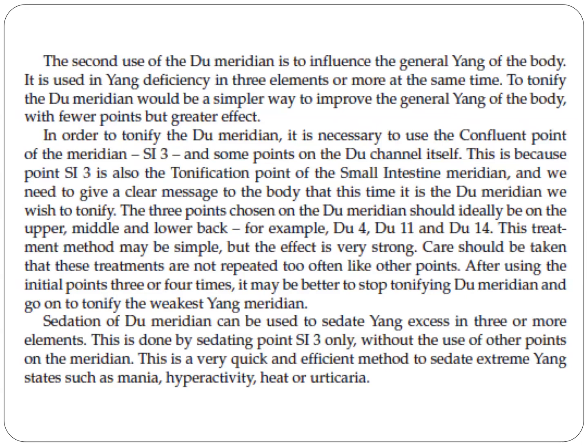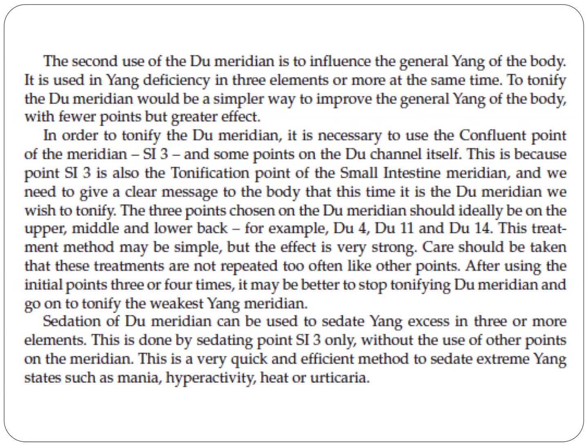The second use of the meridian is to influence the general yang of the body. It is used in yang deficiency in 3 elements or more at the same time. To tonify the Du meridian would be a simpler way to improve the general yang of the body with fewer points but greater effect.